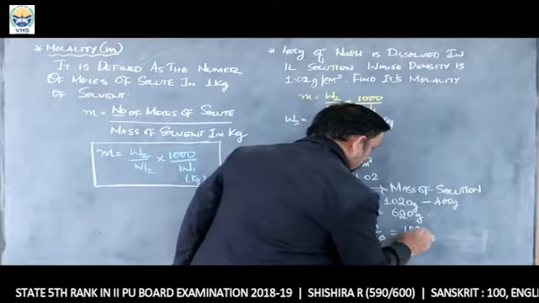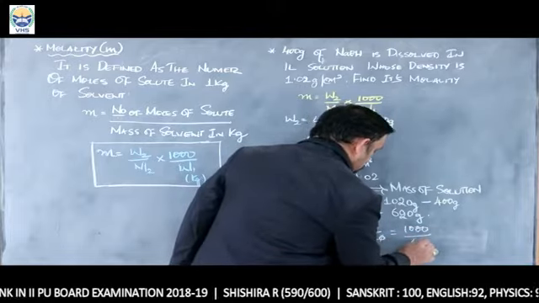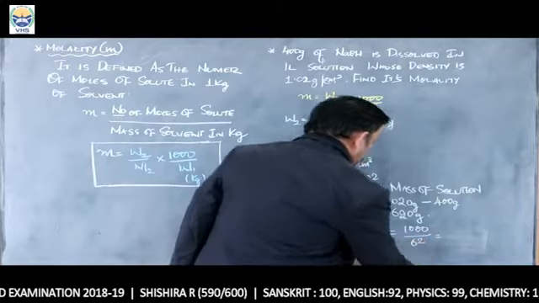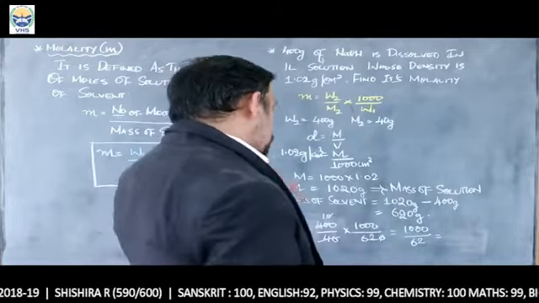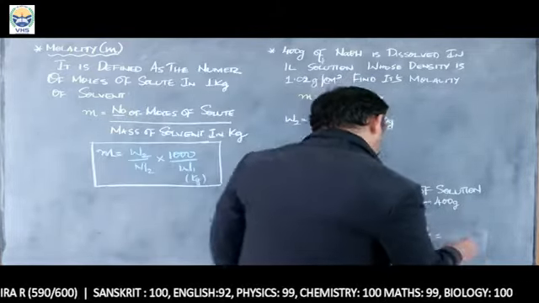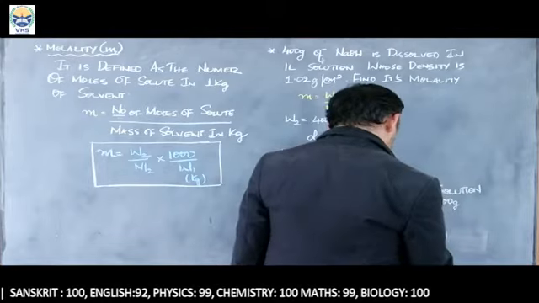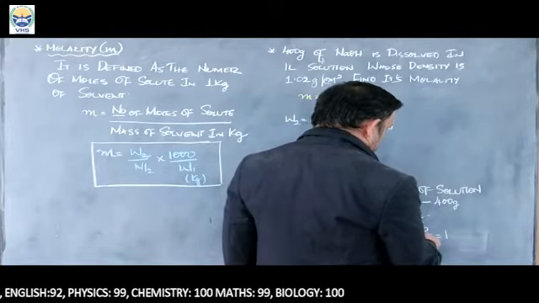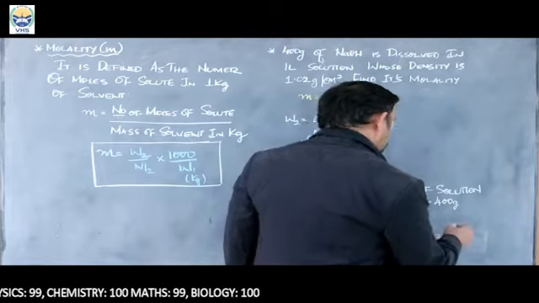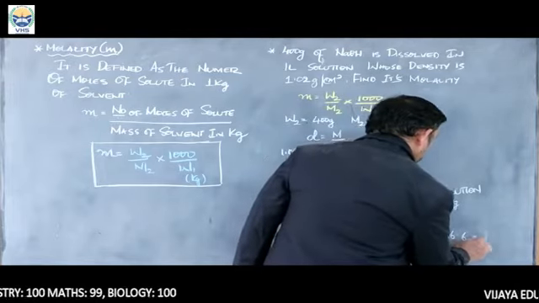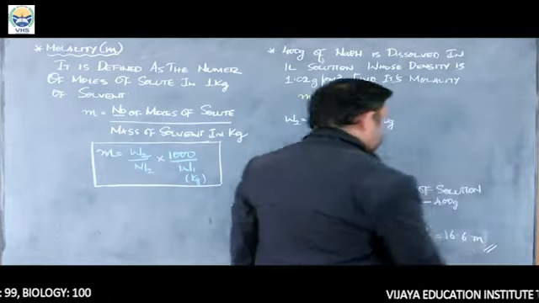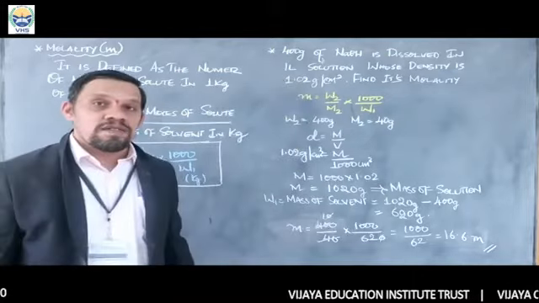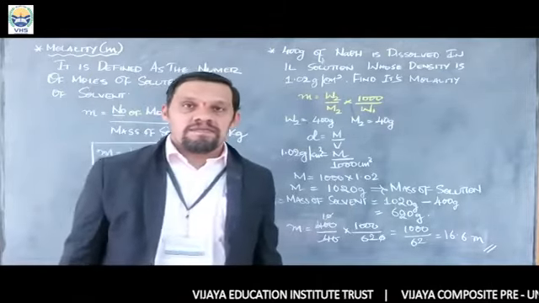It will be 1000 divided by 62. 1000 divided by 62 means 62 ones are 62, then you will be left with 38, 380, and so on. It comes to 16.6 molar. So the answer is 16.6 molar.